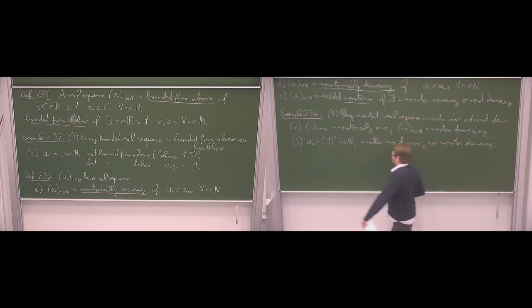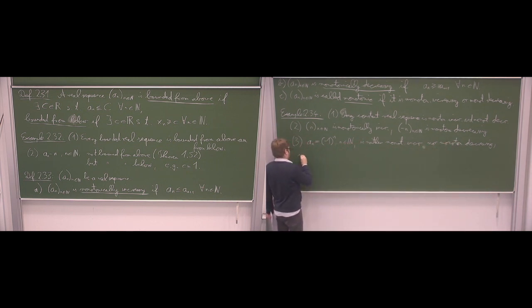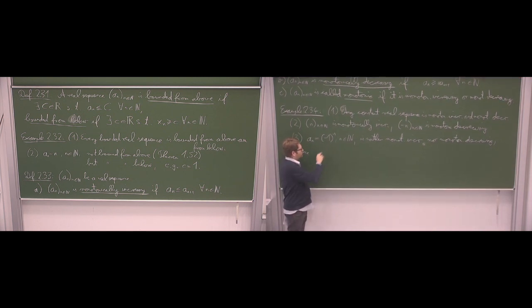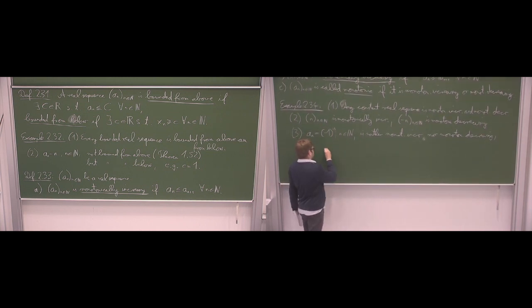And just for the formal argument, okay, this is jumping between 1, minus 1, 1, minus 1. Whenever we jump from minus 1 to 1, we are of course increasing. We know that if n is an odd number, this is minus 1. If n is an even number, it's plus 1. So this is the case when we're jumping up. So a_(2n-1), which is just some standard way of writing odd numbers, is always smaller than or equal to a_(2n) for all n.